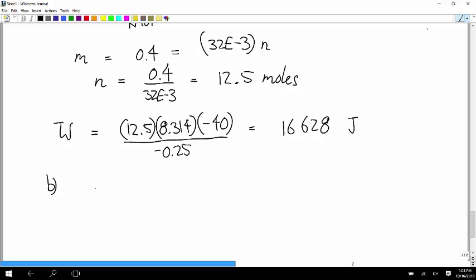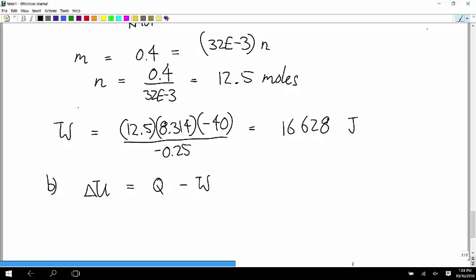It doesn't say this explicitly, but if it doesn't say anything about it, we're going to assume that the center of mass of the gas isn't increasing speed and we're not lifting it. So we're going to ignore kinetic energy and potential energy changes. So the change in internal energy is equal to Q minus W.